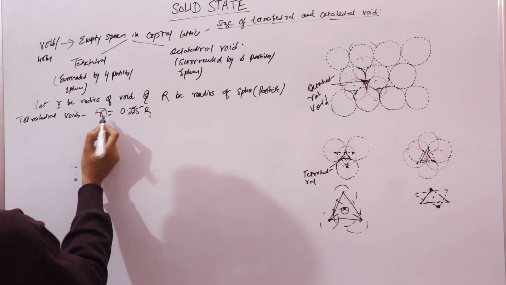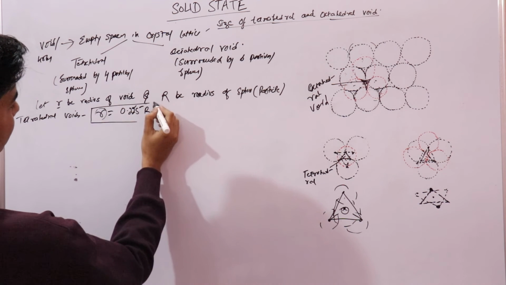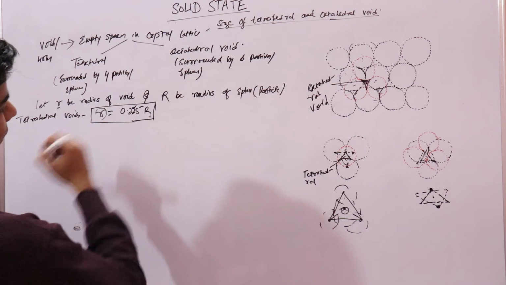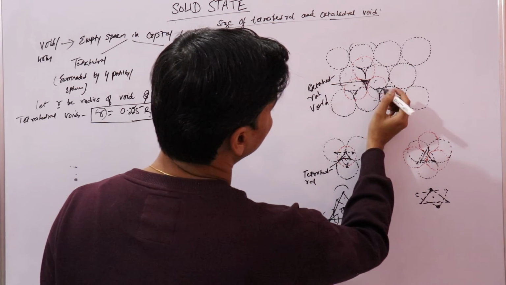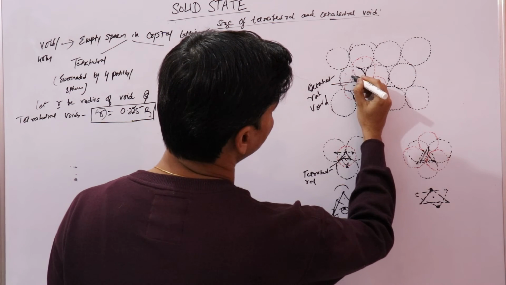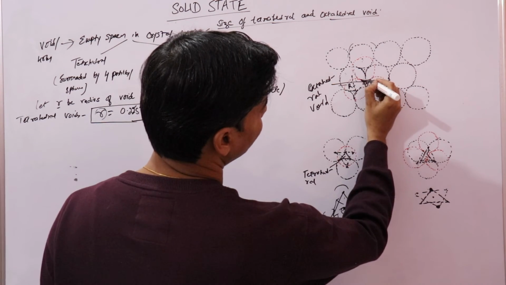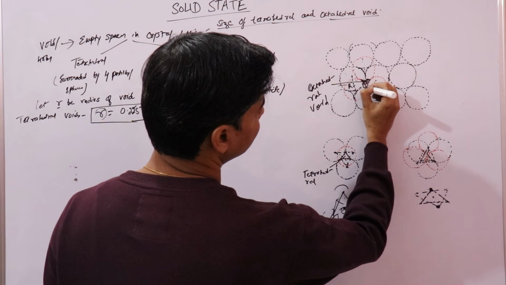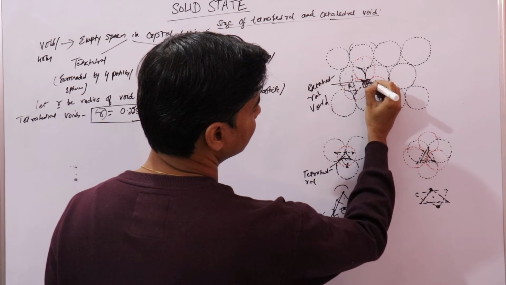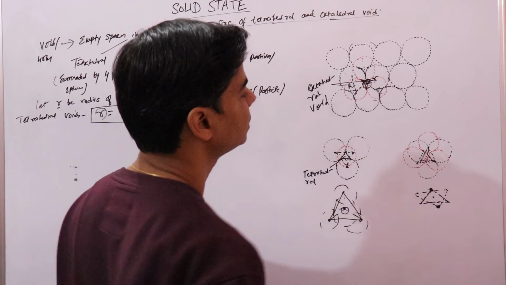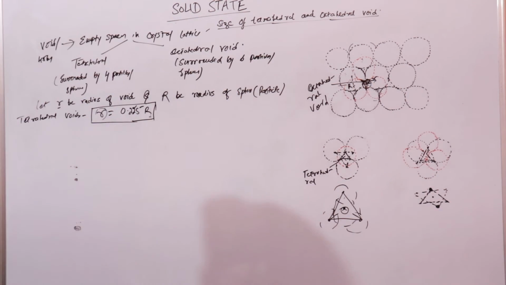So the radius of the tetrahedral void is equal to 0.225 times the radius of the sphere. If this is the center, then this is the radius R of the sphere, and here this small r will represent the radius of this void.